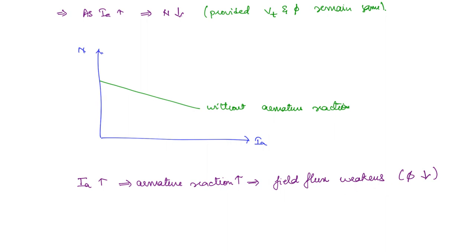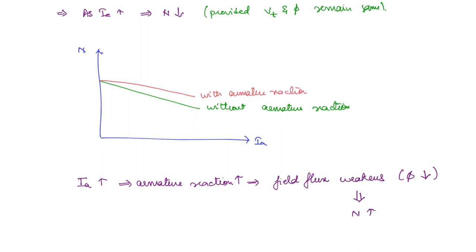When field flux weakens, this will lead to an increase in speed because flux and speed are inversely proportional. So if this is the characteristic without armature reaction, then with armature reaction you're going to see a slight increase in the speed. So this is with armature reaction.